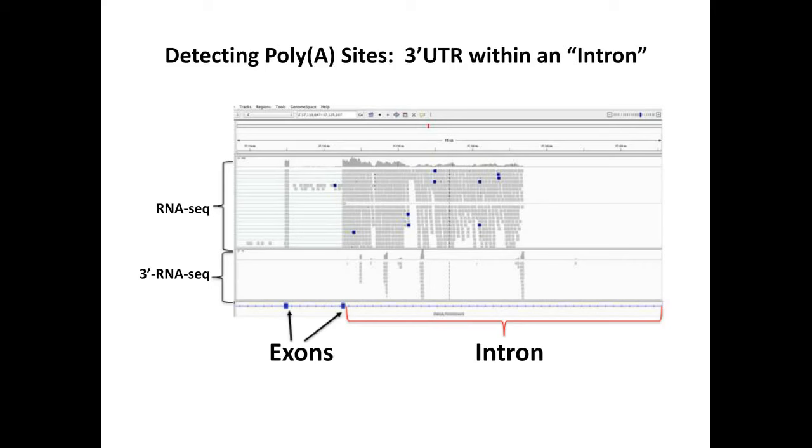This looks like a 3' UTR that just started after this exon, right here. So all the transcript after this exon should be like an extension of the 3' UTR region of this exon. So this is another case that we fixed with parameters that we used for data analysis.